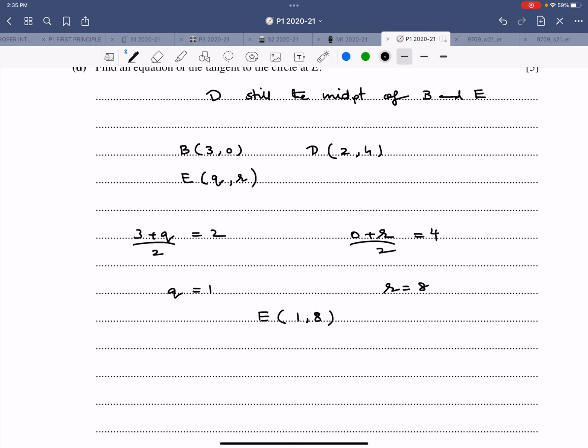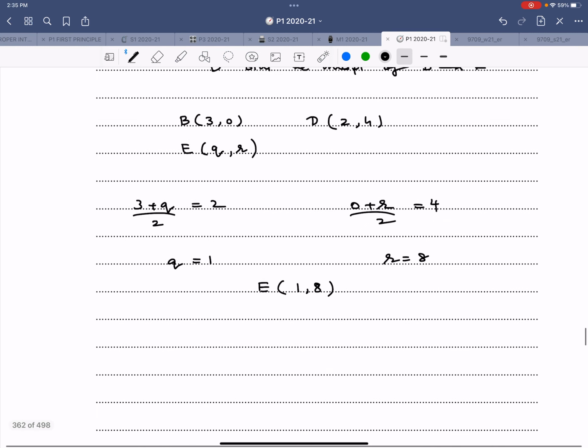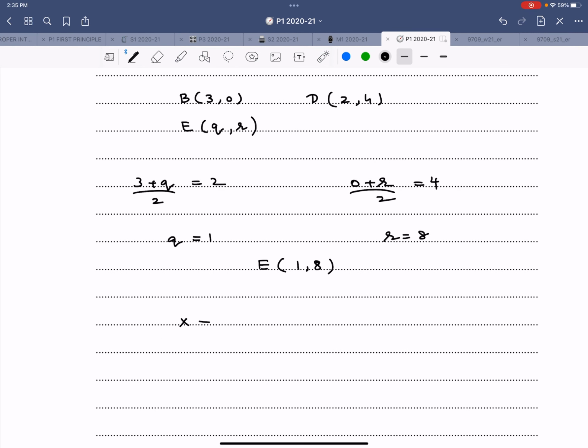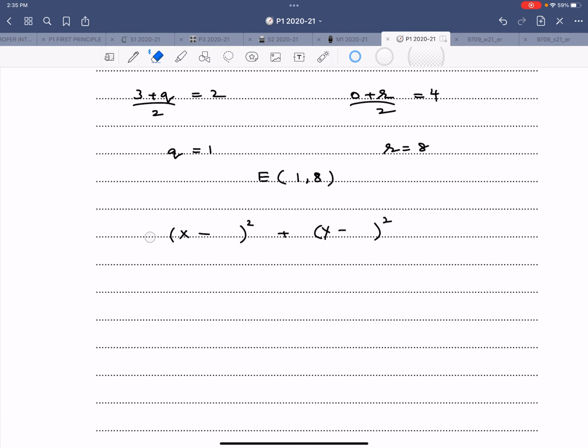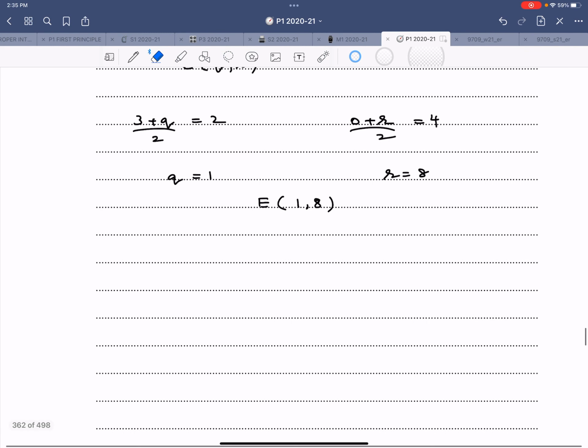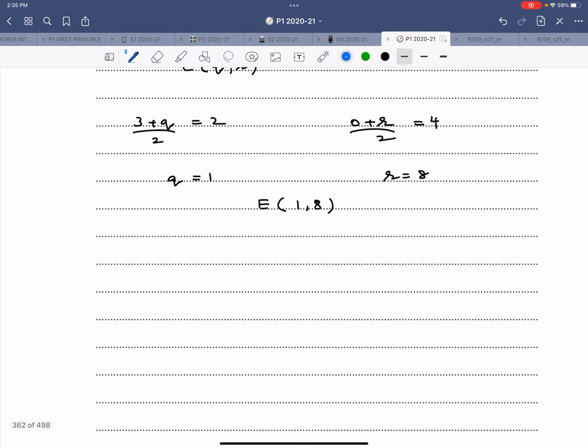What else is there? The radius is still the same. So now the new equation x minus h whole square and y minus something whole square. Find an equation of the tangent. No, my bad. It's not the equation of the circle. It's the equation of the tangent. Now the center is D, which is 2 comma 4.